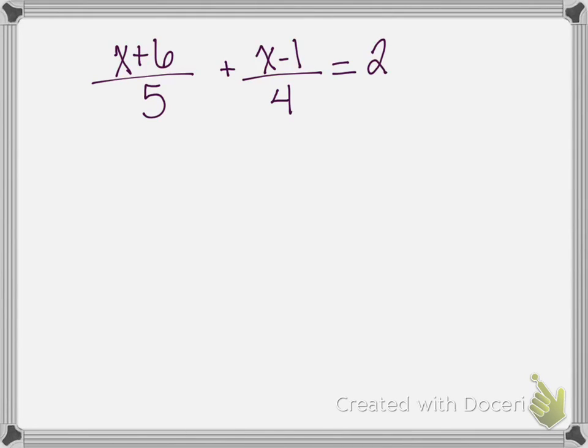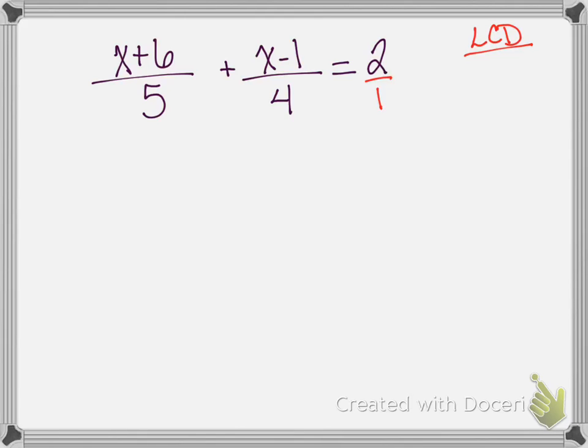Now, anytime we deal with numbers in the denominator, we want to get rid of those. And I'm allowed to get rid of those because I have an equal sign. Okay? That's why I'm allowed. So first thing is I want you to tell me, what is my LCD between 5 and 4? Now this 2 is just over 1, so I don't have to worry about that one as much. What's my LCD between those?